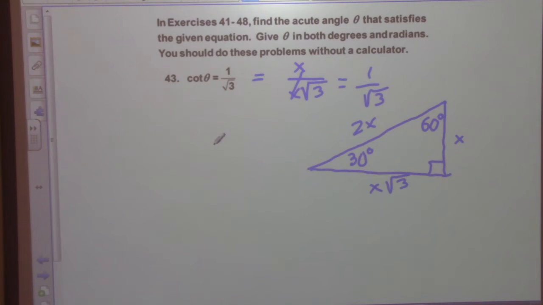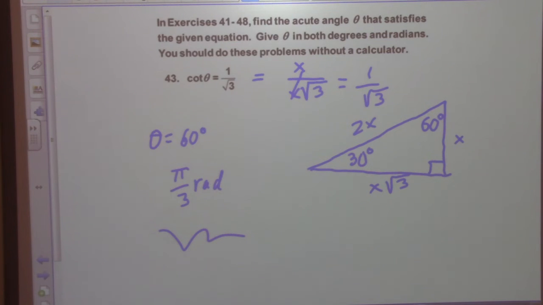And what is the complement of 30? 60, right? And what is the sine of 60? Well, it's going to be this over this, which is square root of 3 over 2. So the sine of the one is the cosine of the other, essentially. So theta is equal to 60 degrees, or pi over 3 radians. Okay?